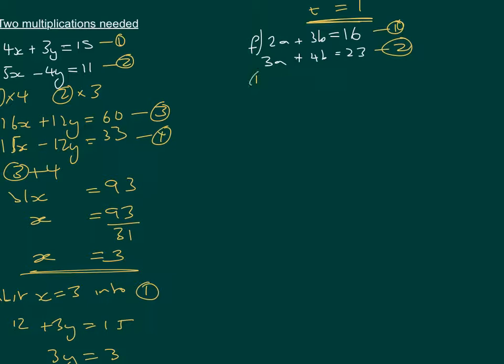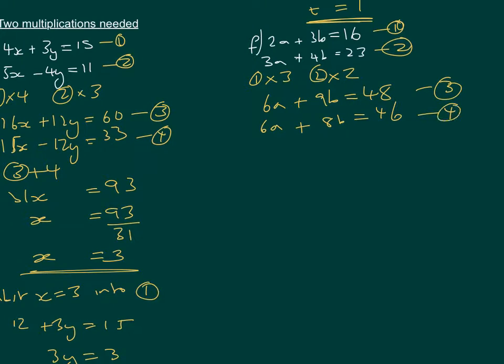So if I do 1 times 3 and 2 times 2, we'll get 6a for the first one, plus 3b times 3 is 9b, equals 48. And then for the second one, 6a plus 8b equals 46. I'm going to label those 3 and 4.